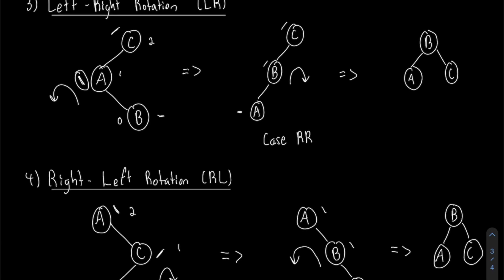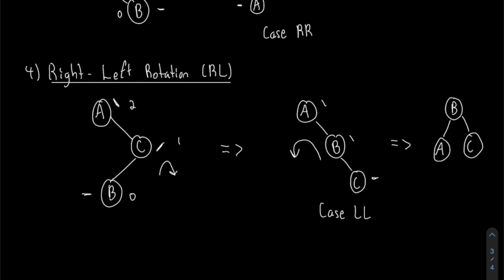Left-right rotation, that's where things start to get a little tricky, but it's not too bad. You're just making sure that you can somehow get back to case RR. And so you start off at the root where it's left heavy, and then the next node is right heavy, and you know that you have to rotate in the opposite direction each time. So you rotate A to the left, and you rotate B to the right.